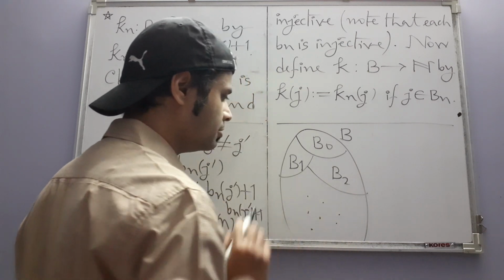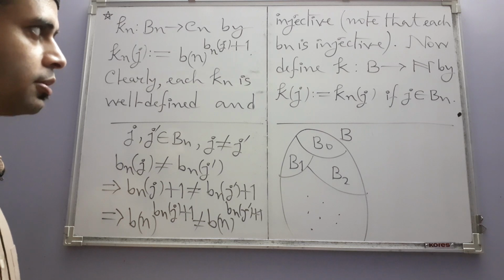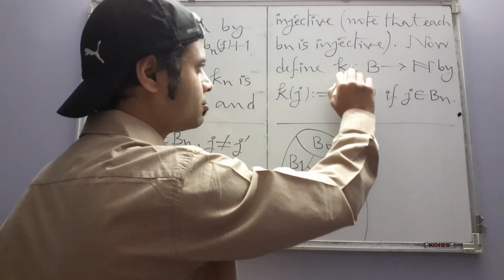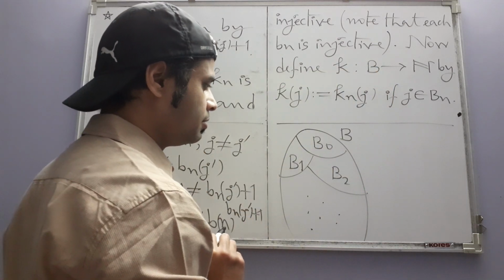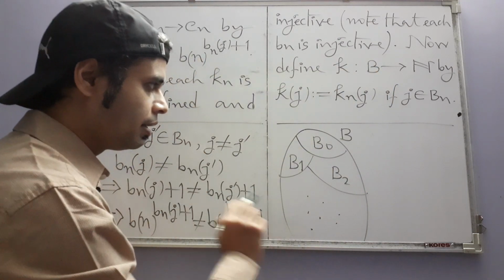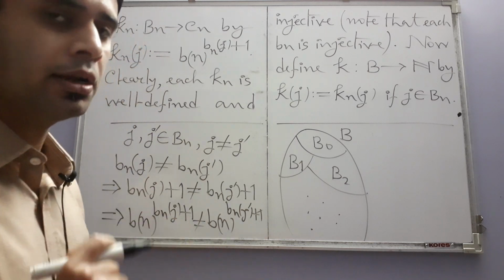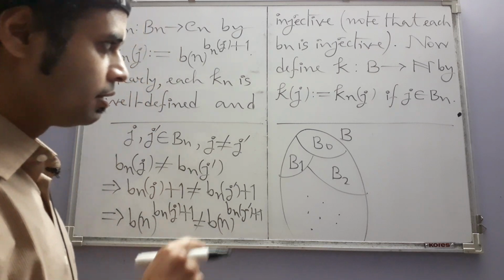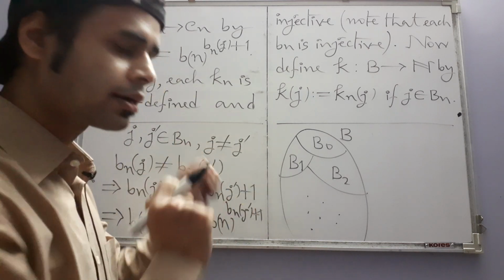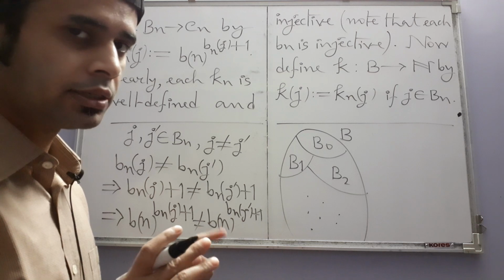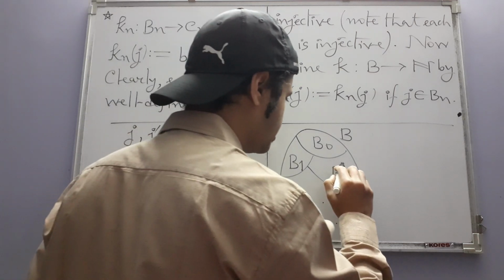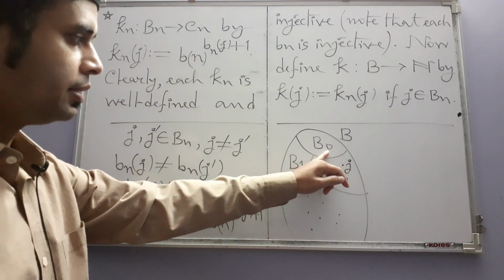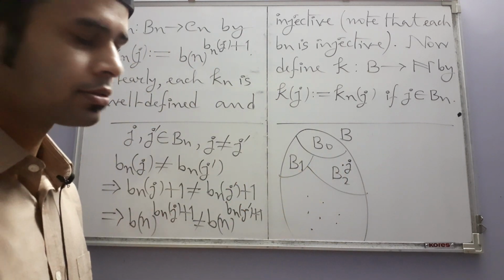There are other B's. So now what we are doing is this. We are of course going to choose some input from B. Now that input will lie inside B in some Bn, and due to the mutual disjointness of the Bn's, that j will lie in exactly one Bn and not simultaneously in two different Bn's. Say that j lies here, then it will not lie here or somewhere else.